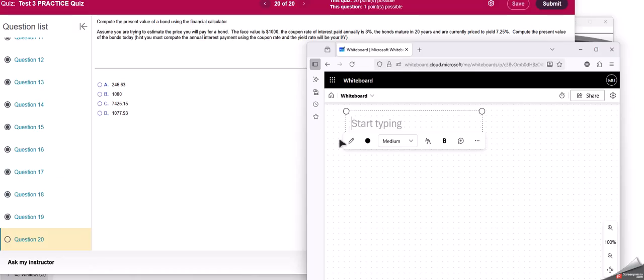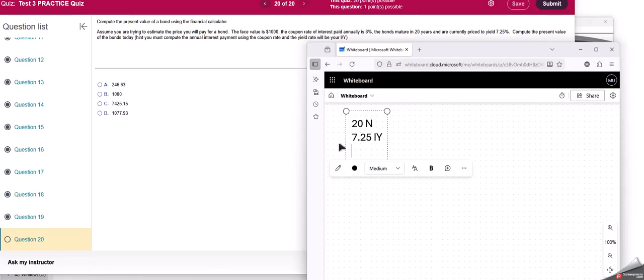IY. So our N is going to be how many years it is. So 20 is our N. The yield rate, the 7.25, is our IY. The present value is what we're solving for, so we'll skip over that for now. The payment is at the 8%.